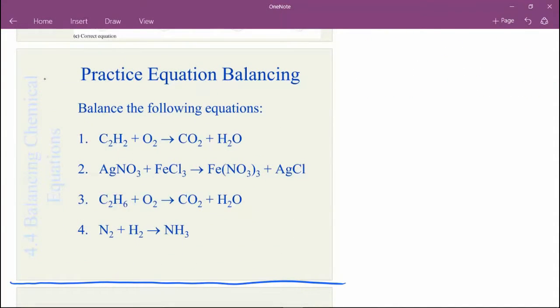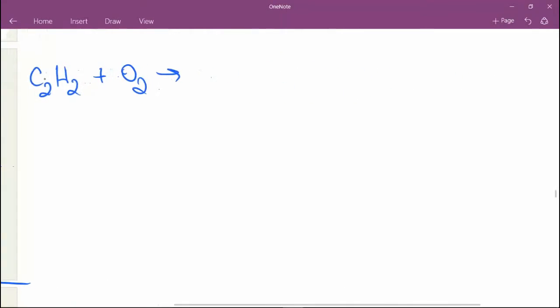So let's do a little practice here for balancing these chemical equations. Okay, so let's start out with C2H2 plus O2, and that produces carbon dioxide and water, CO2 plus H2O. So I want to make a chart.